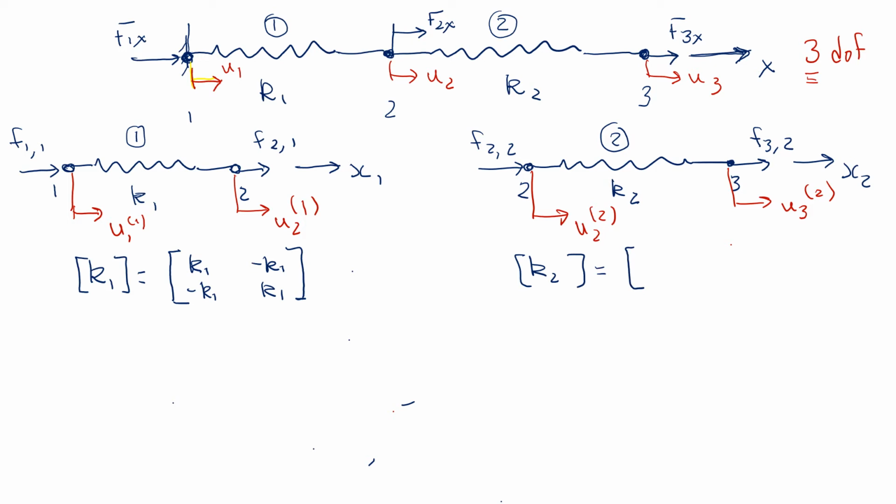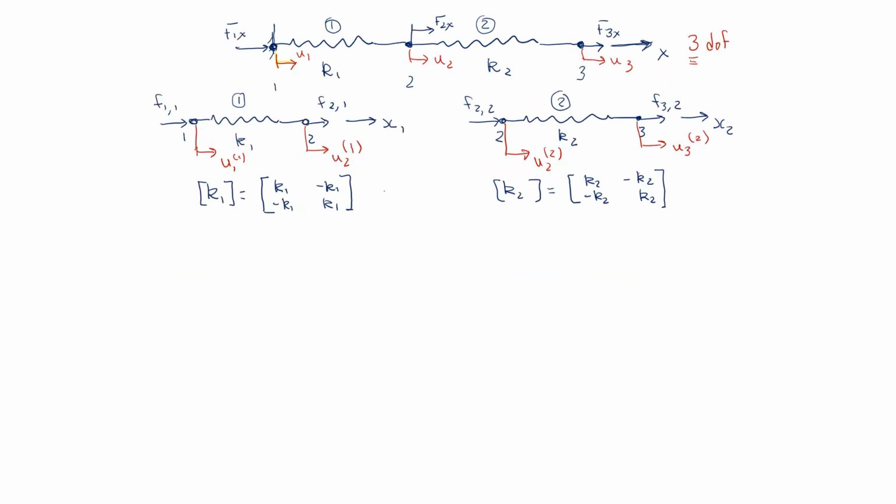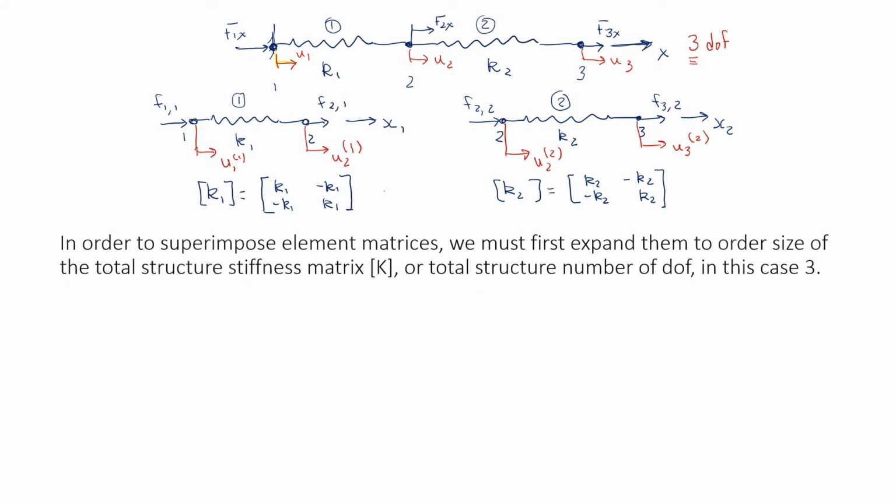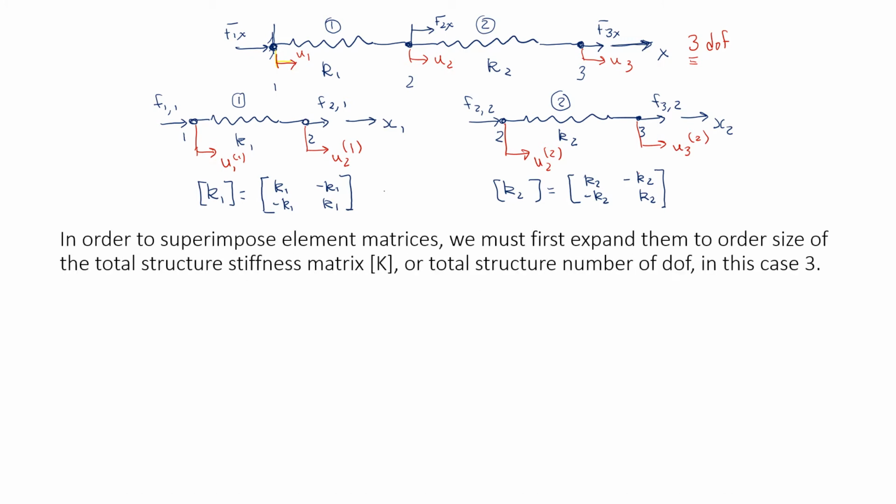Likewise, here I'm going to have K2, minus K2, minus K2, and K2. In order to superimpose the element matrices, we must first expand them to the order size of the total structure stiffness matrix uppercase K, or the total structure number of degrees of freedom, which in this case is 3 degrees of freedom.